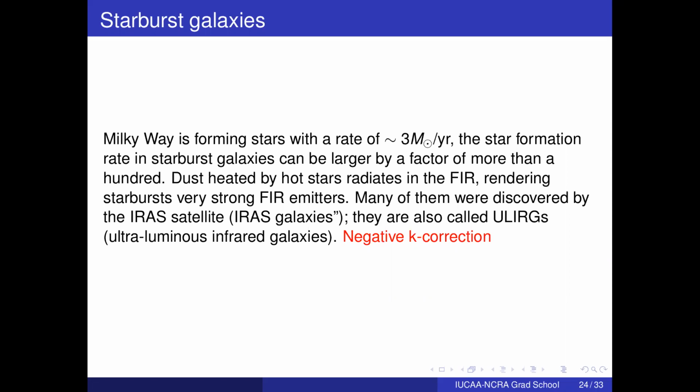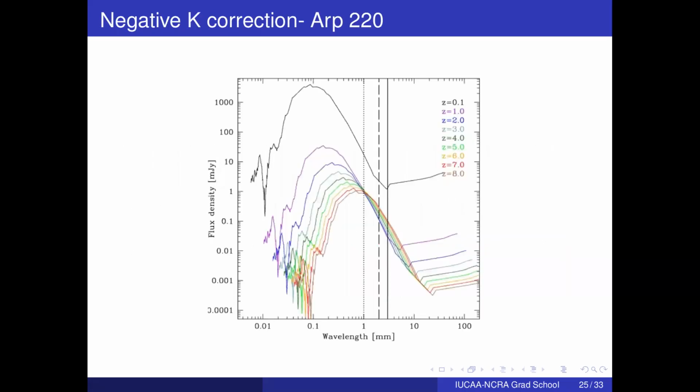These things are characterized by what is called a negative K correction. So what does that mean? So this is a nearby dusty galaxy, vigorously star forming, Arp 220.